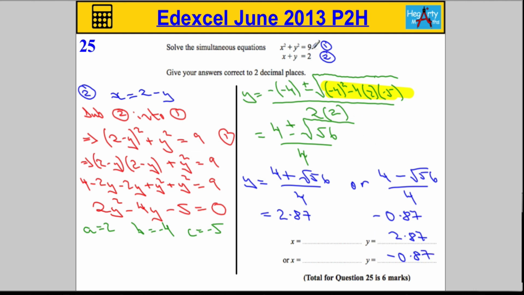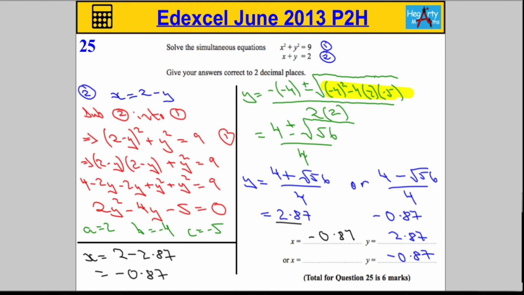Now, we have a choice of equations here, equation 1 or equation 2, but you'd be absolutely mad to use equation 1 because equation 2 is far easier to use. So let's deal with equation 2 here. We know that if x plus y equals 2, in fact, we've already rearranged it, haven't we? We know that x equals 2 minus y, so one of the values of x is going to equal 2 minus, now let's use this value of y here, 2.87, which is going to give me negative 0.87.